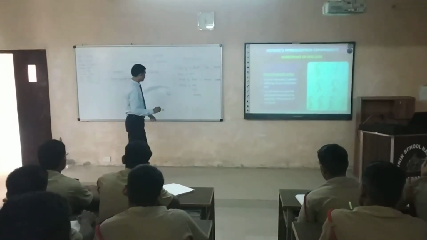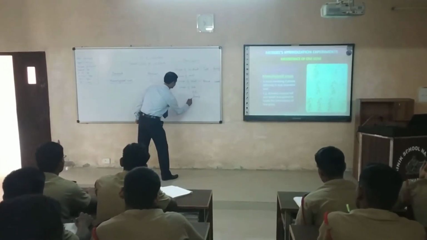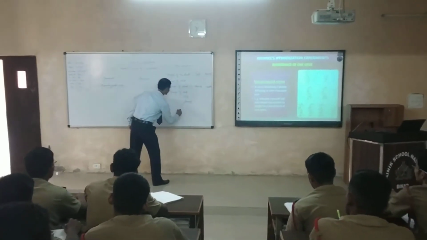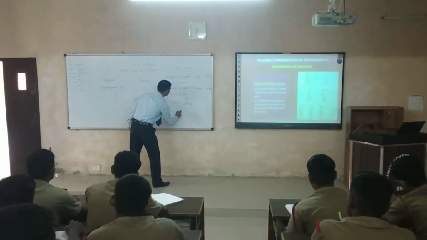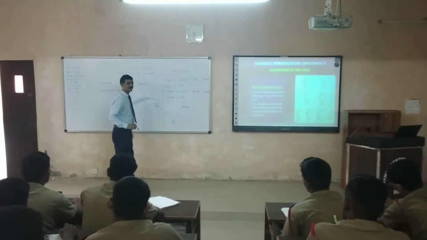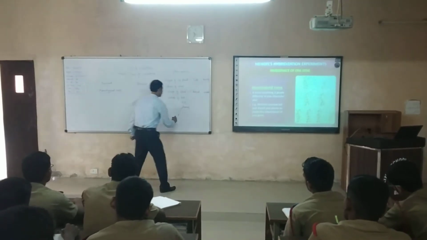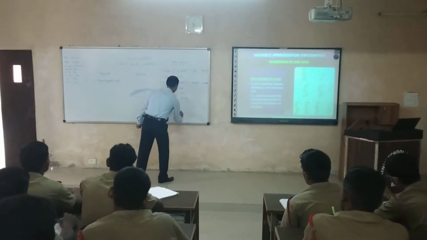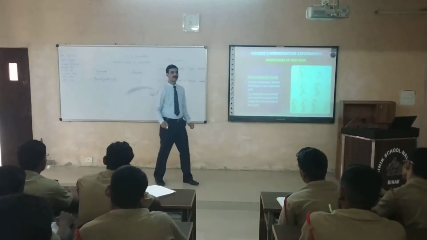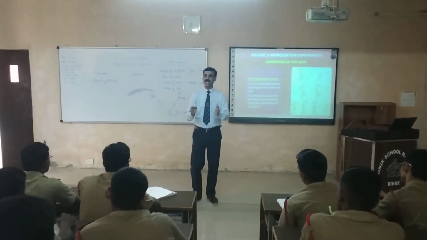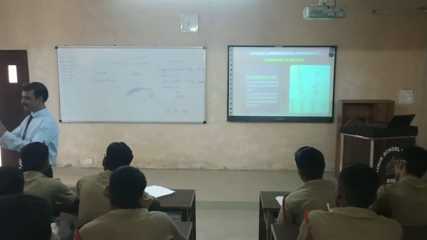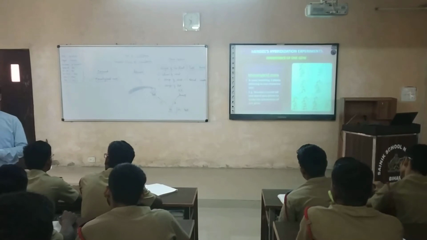So after crossing in the first generation, we found the plants like this, because one gamete came from both sides, and in the F1 generation, all plants were tall. You are surprised to see that I have crossed two different plants, the tall and the dwarf, and in the F1 generation all plants are tall.